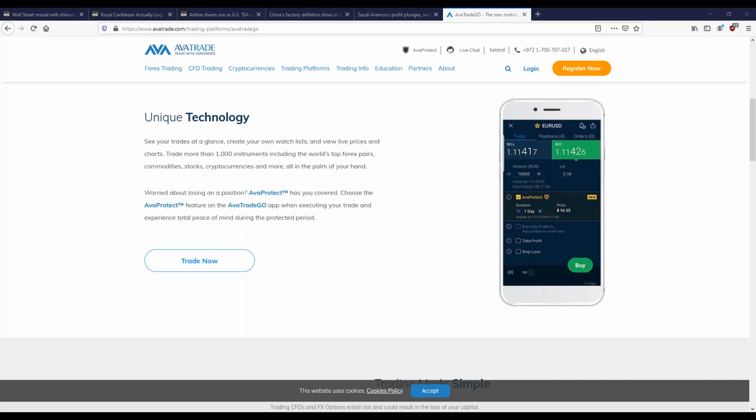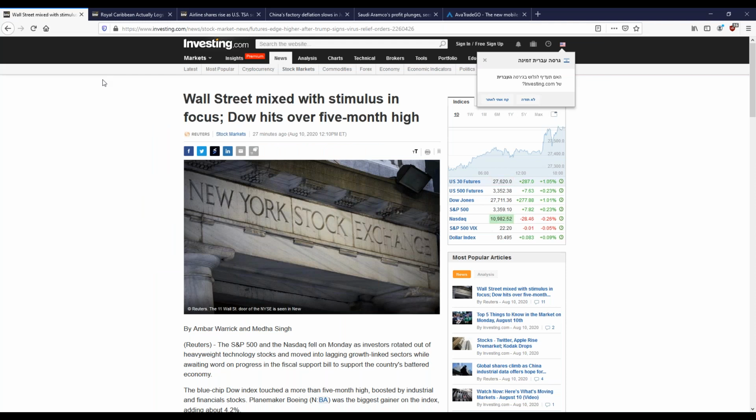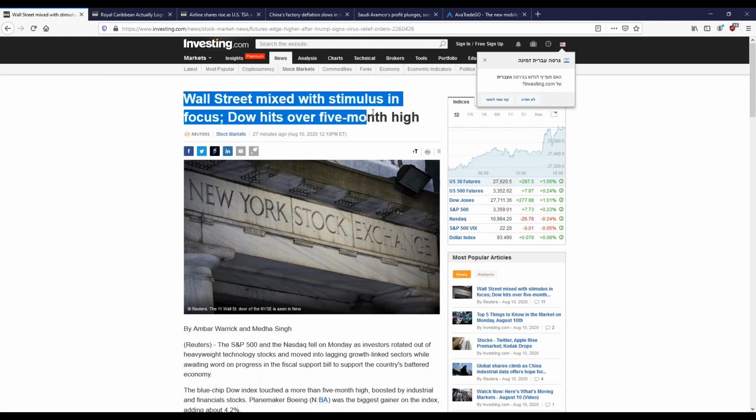Okay, so let's then look at the fundamentals. Pretty positive today, in actuality, the fundamentals. If we go through the headlines, Wall Street mixed with stimulus in focus. The U.S. is on track to pass another stimulus package that should help the economy in the U.S. and thereby help the global economy with the way things work anymore between the large economies of the world.